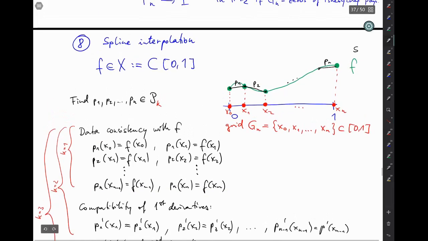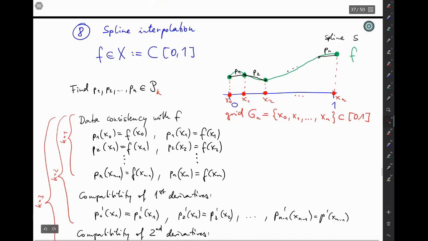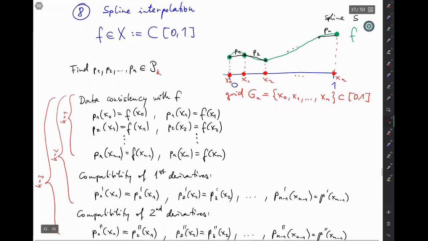Okay, and then in the end you get your so-called spline s, which is not a polynomial itself, it's a piecewise polynomial function, right? So it's this polynomial on the first subinterval, and then that polynomial on the second, and so on.